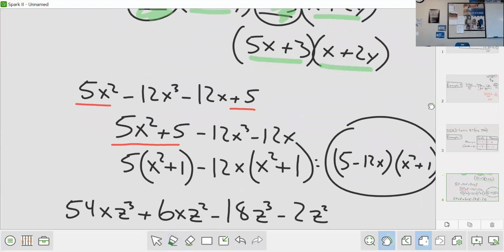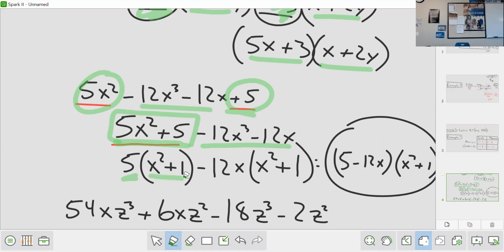Sometimes, however, you need to do some rearranging. Like I needed to stick these two together so that I could factor them, which is what I did here. And then these two I left right here. And so now I can factor a 5 out of these two, and I get an x squared plus 1.